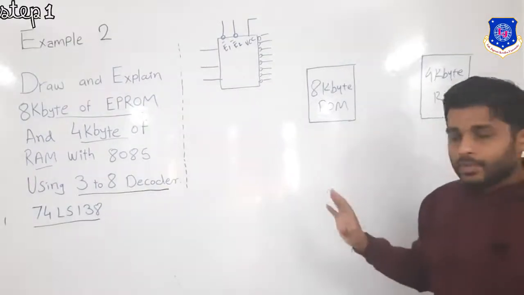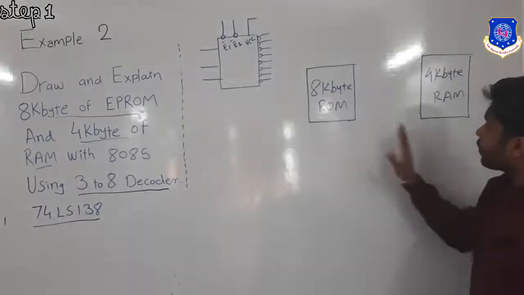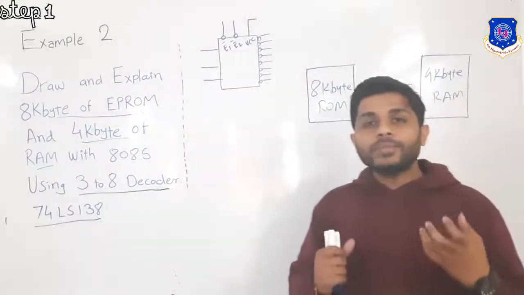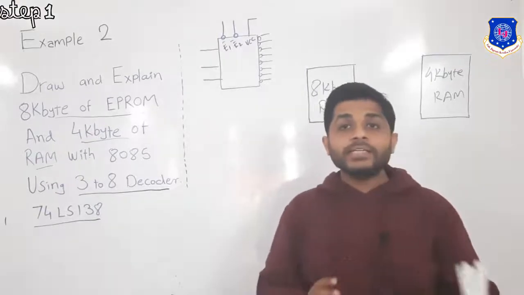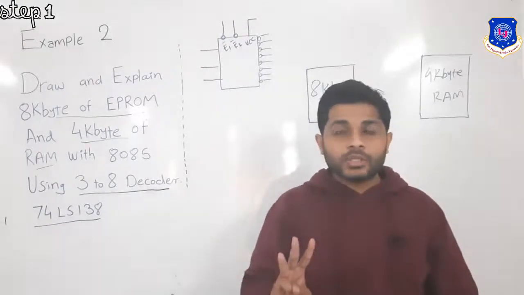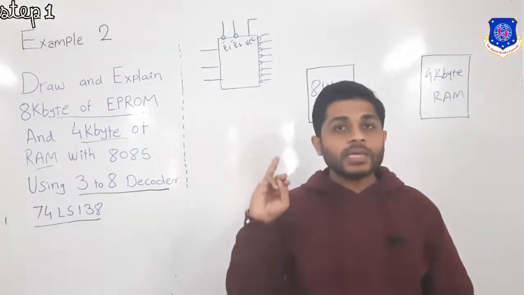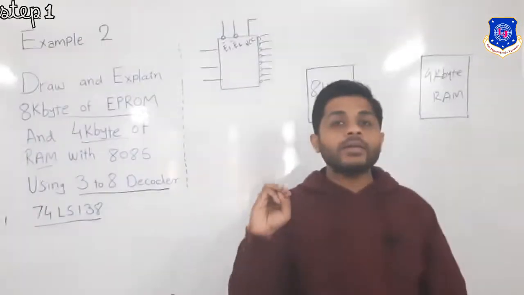Now the memories, 8K byte of ROM and 4K byte of RAM. Any memory which is to be interfaced with the microprocessor has three main connections: there will be the address bus, the data bus, and the control signal and chip select.